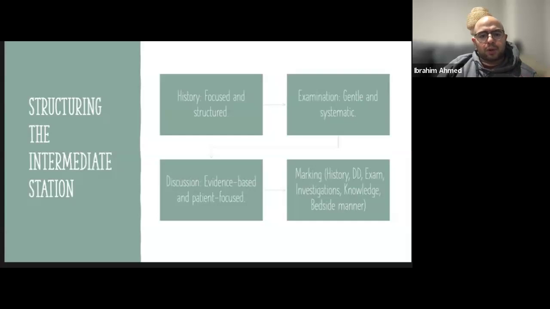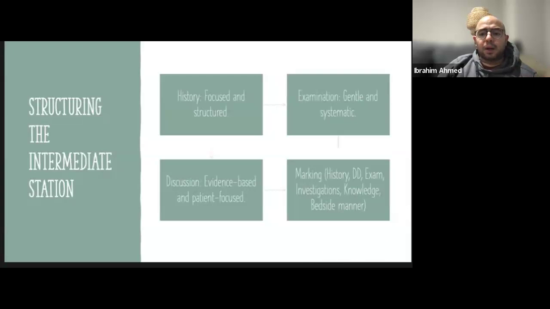So you're starting with a history, make it focused and structured. Then you would follow this with an examination. You have to be gentle when you do your examination, systematic and attentive to your patient. Tailor your examination to the complaint.